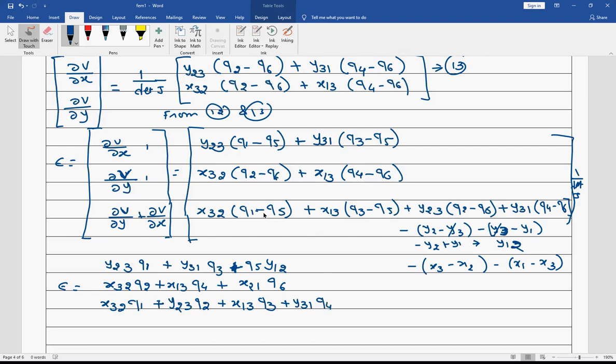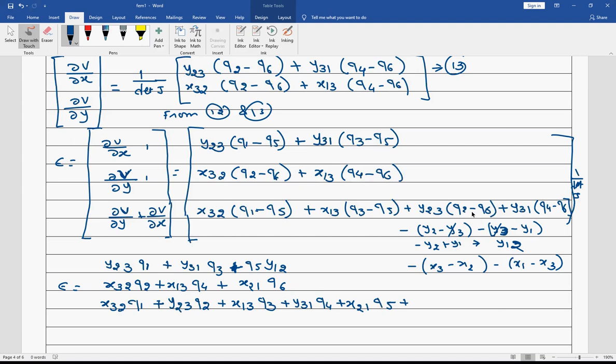Now search for q5, so q5 I get here and q5 I get it here. Okay, so that will be x21. So x21 q5 plus now q6 I get it here, y23 and y31.